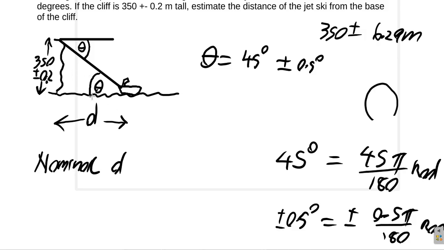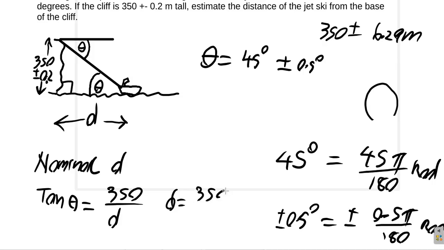Now, tan theta is the opposite, 350, over adjacent, which is D. We want D. So D would be equal to 350 over tan theta, same as 350 times the cotangent of theta. Right? That's what we would have.